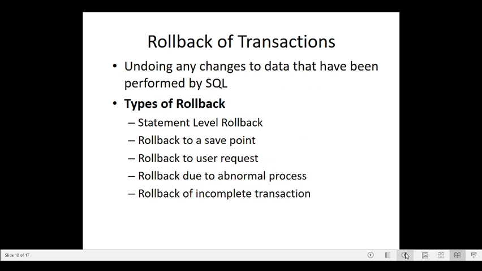Whenever we are undoing any changes, it can be at the savepoint, at the statement level, at the user request, due to an abnormal process, or a rollback of an incomplete transaction. So this is regarding transaction management.